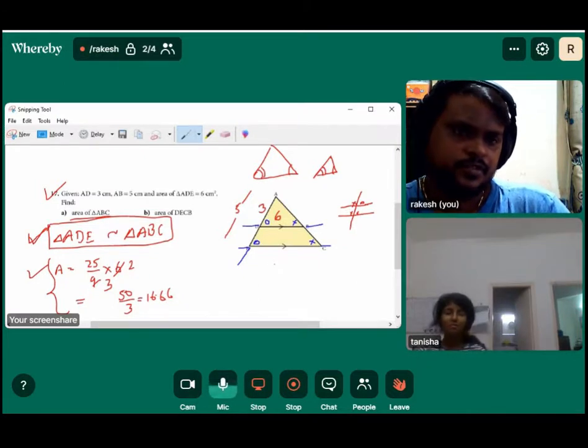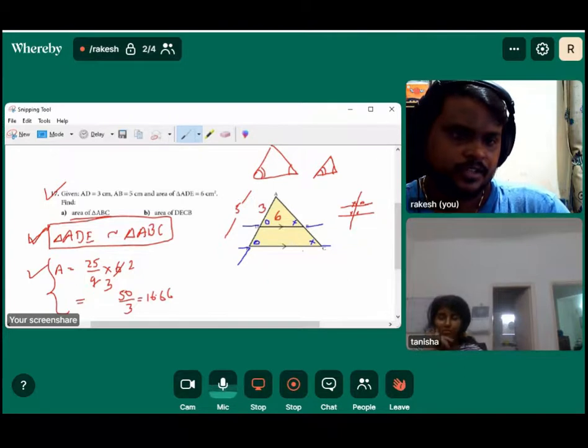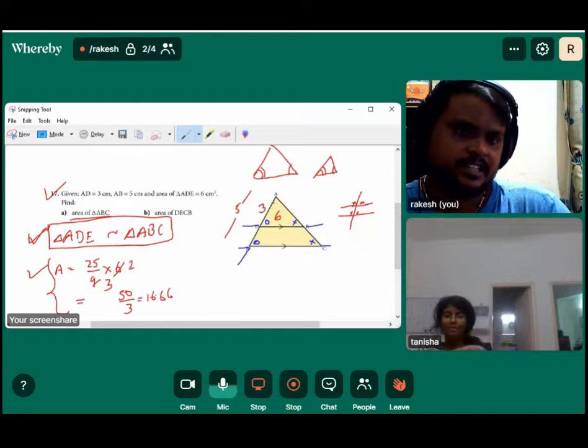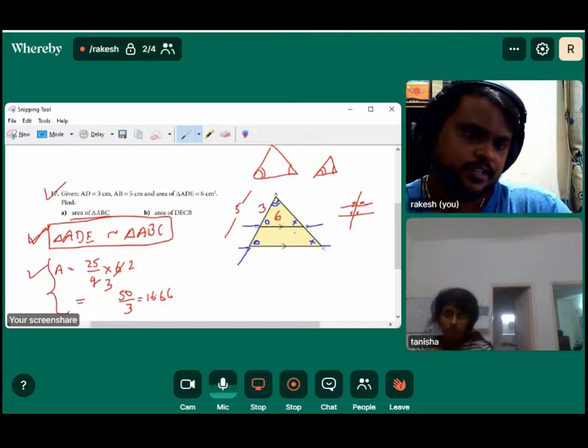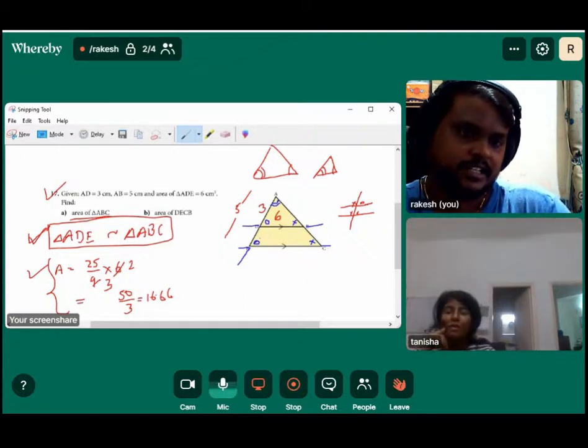Once we prove that two angles are equal in two triangles, both the triangles would be similar, because the third angle will automatically become equal. In fact, the third angle is A, which is common to both the triangles in this case. So it's very much clear that all three angles are equal.